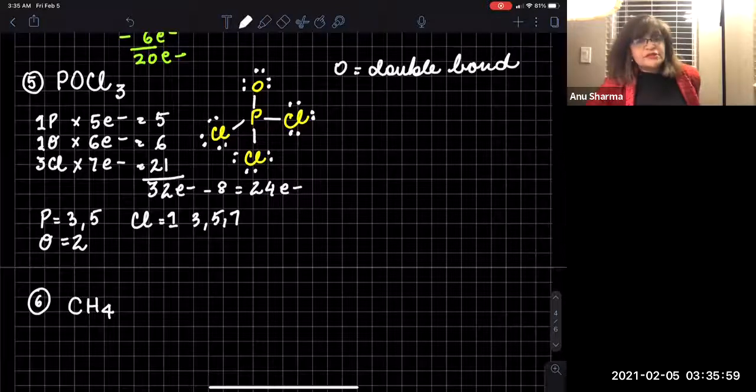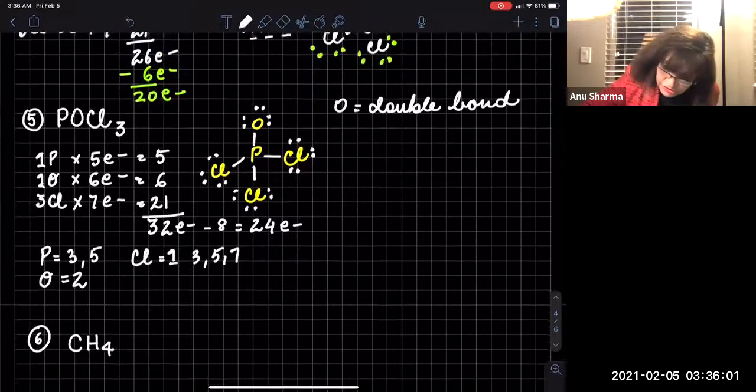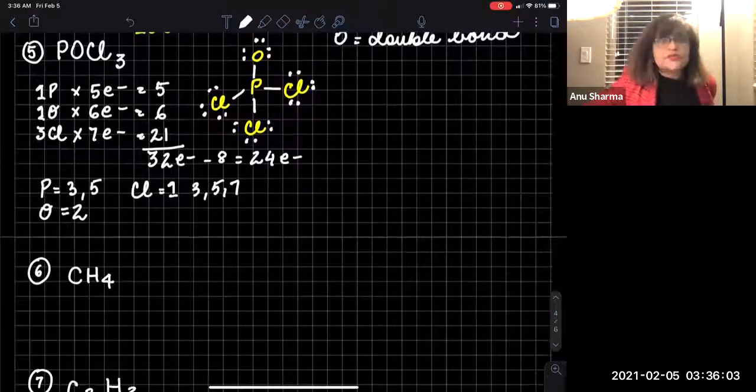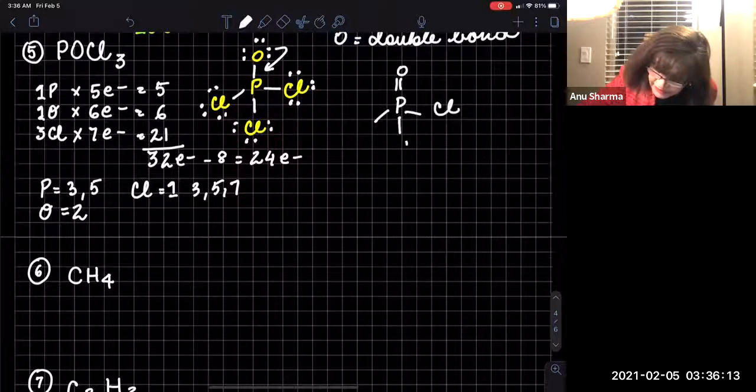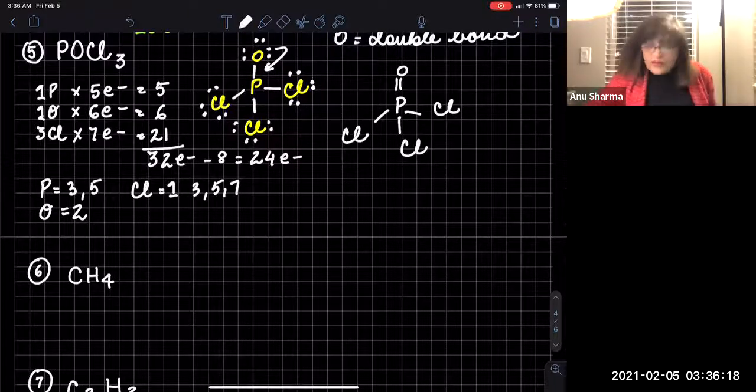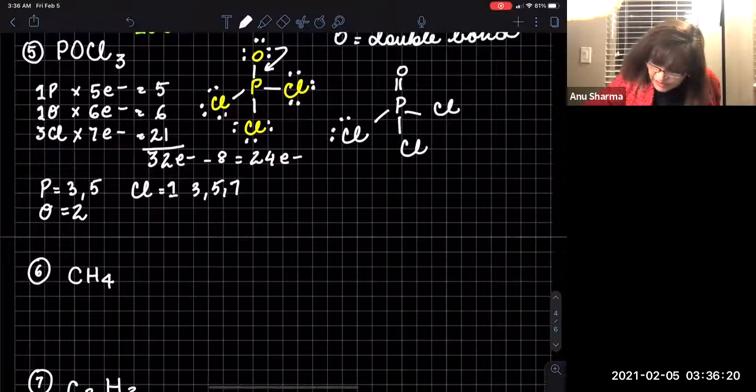So this looks like a specialized condition. So here we have oxygen wanting to make 2 bonds. It gives away those electrons here. So now we have phosphorus double bonded to oxygen, and these are the single bonded chlorines. Okay, so this is the Lewis structure.